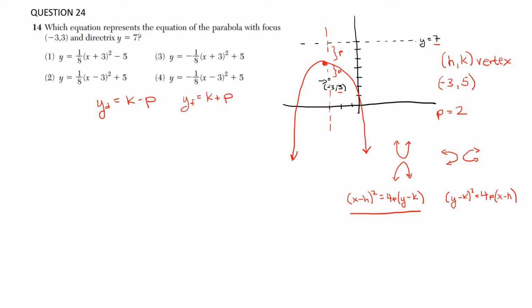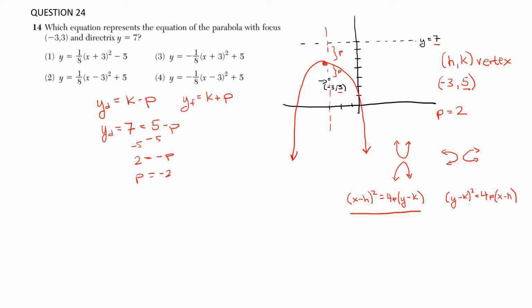So we know we have our k value over here, this 5. So we know that our directrix y_d, which we know equals 7, it was given to us, equals 5 minus p. So solving this out, if you subtract 5 on both sides, you'd have 2 equals negative p, meaning p actually equals negative 2.